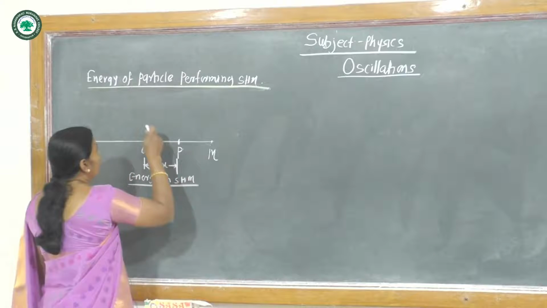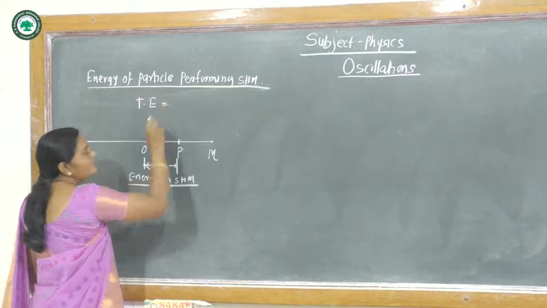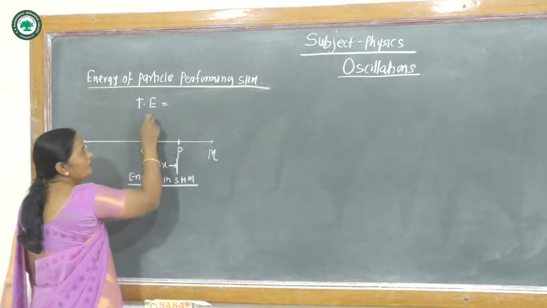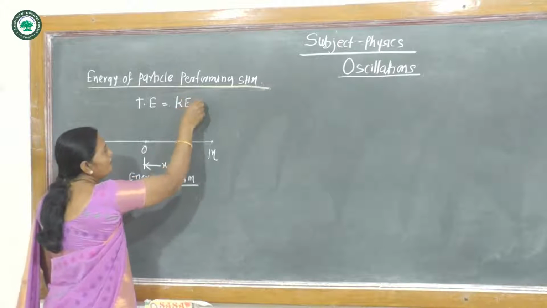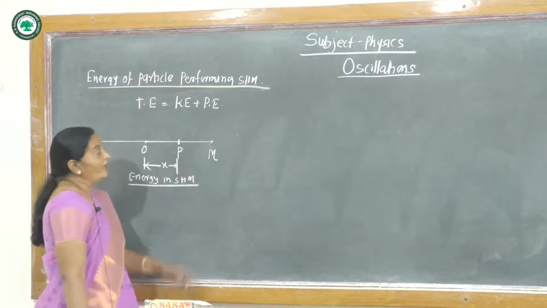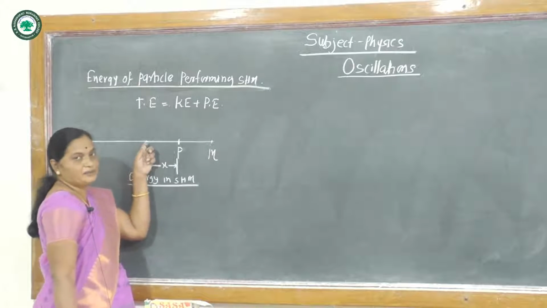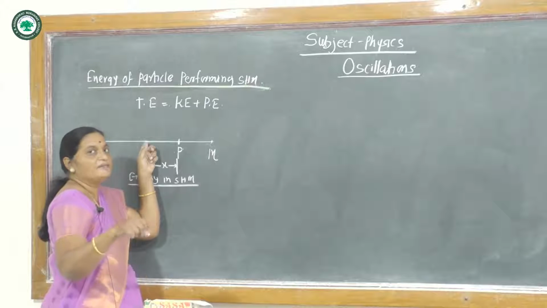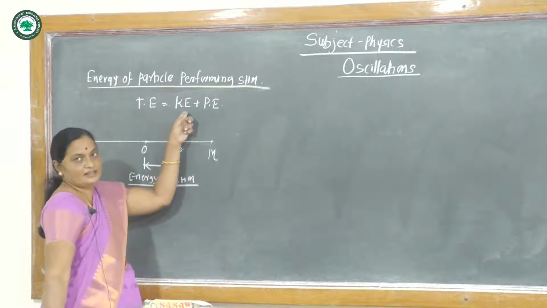Therefore the total energy in SHM is equal to kinetic energy plus potential energy. Why is there kinetic energy in this case? At the mean position the particle has maximum velocity, and due to motion there is kinetic energy.